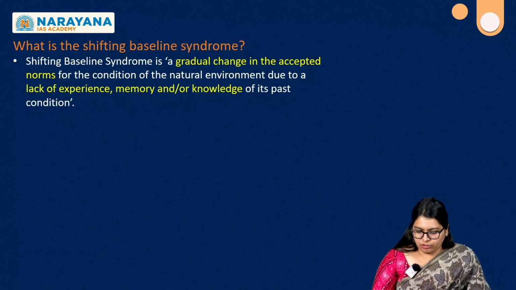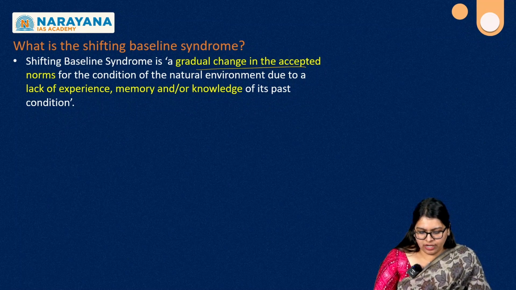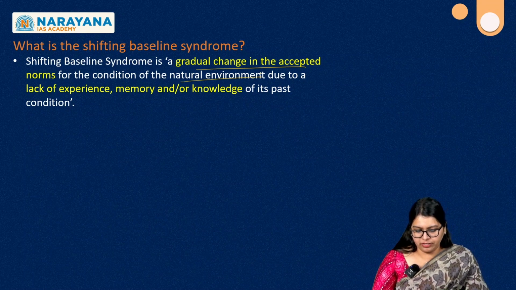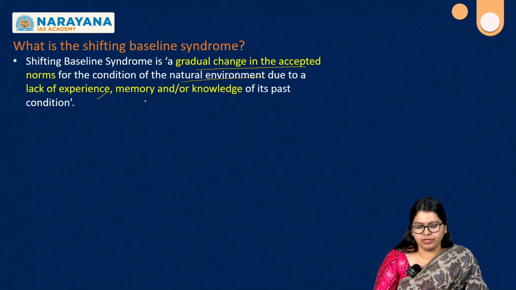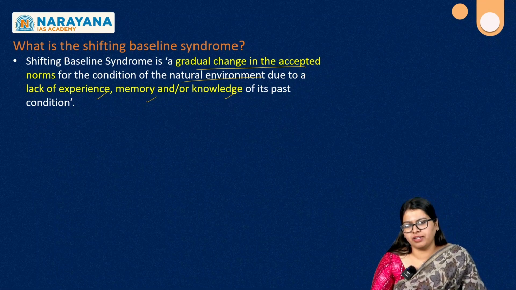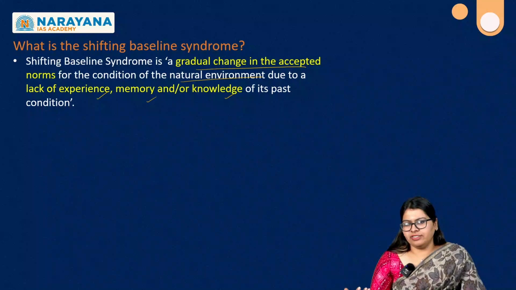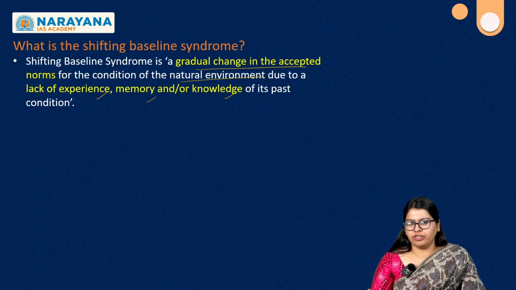Shifting baseline syndrome is nothing but a gradual change in the accepted norms of the condition of the natural environment due to a lack of experience, memory, or knowledge of its past condition. This we have actually seen in the illustration of the ocean ecosystem with its varying biodiversity.